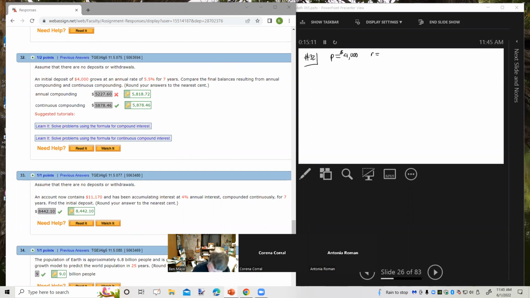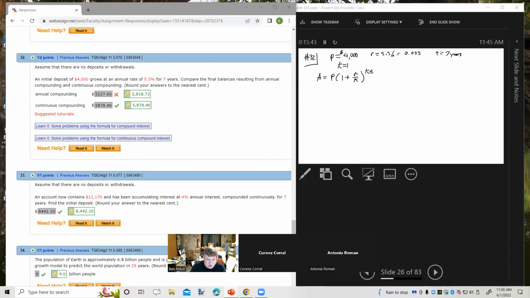The annual interest rate is 5.5%, which is 0.055, and the time is 7 years. Now, compare the final balances resulting from annual compounding and continuous compounding. So for annual compounding, K is 1, and we're going to be using this formula.